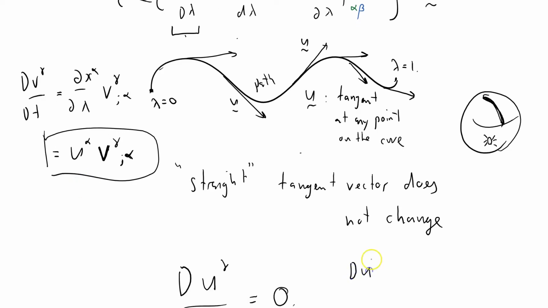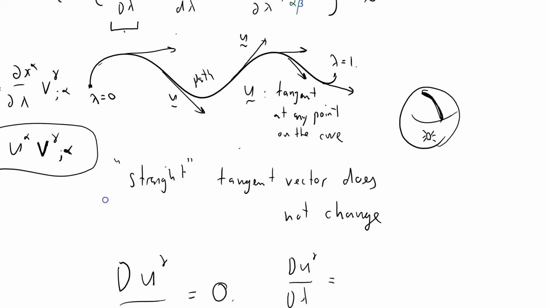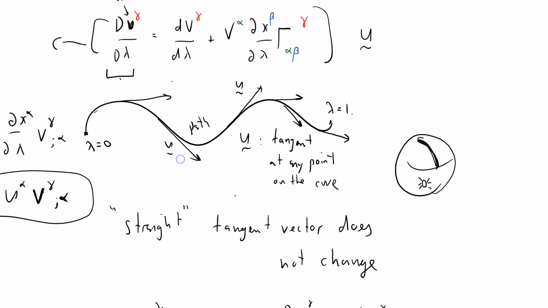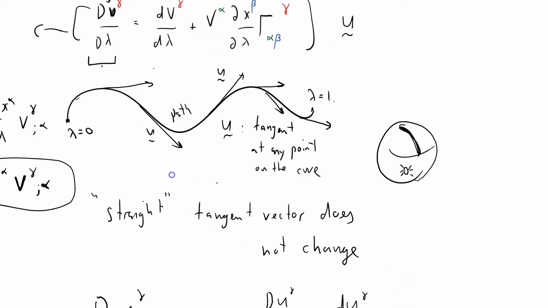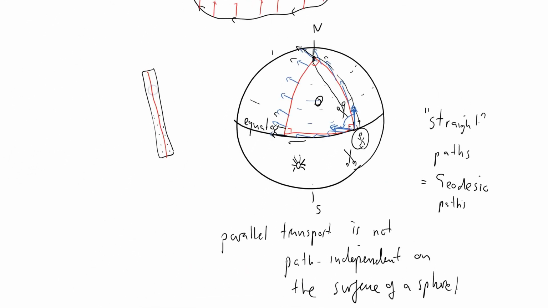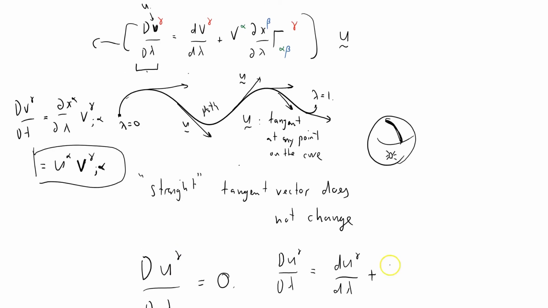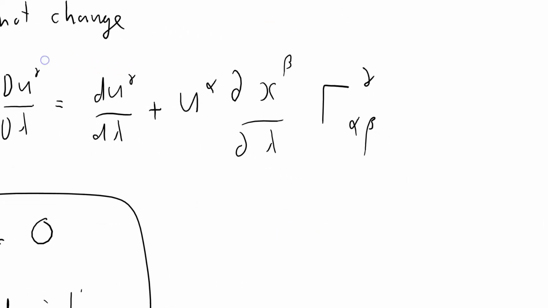Du gamma by d lambda, which is this one here, equals du gamma by d lambda plus, all I'm doing is writing out this equation here, but with u in place of v. Plus u alpha from there, dx beta by d lambda, Christoffel symbol gamma alpha beta, just copying that equation there. And this thing equals 0.